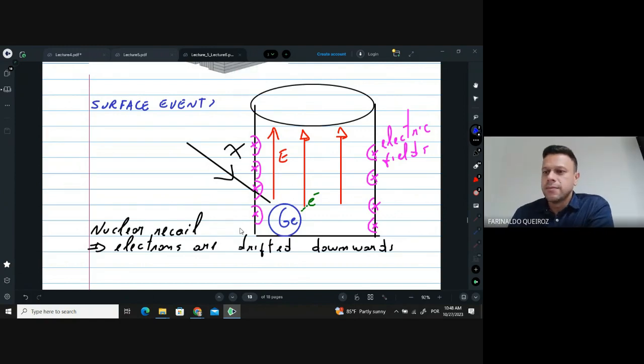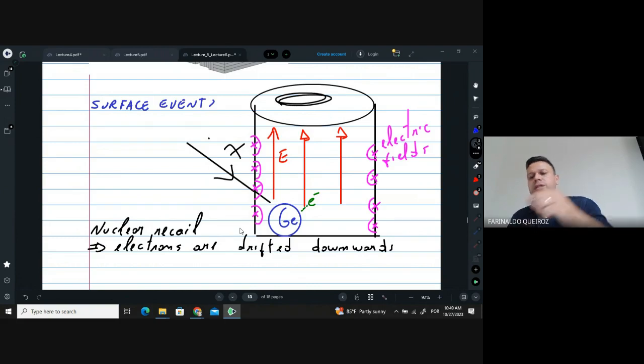So as I said, a dark matter particle comes in, the one in black, hits a germanium, strips off an electron, I'm assuming it had enough energy, and the electron, if the electric field is pointing upwards, goes downwards, or vice versa. Okay, fine. And then, as I said, there's a semiconductor here, and when the electron gets there, it goes to the conduction band, produces a current, and measures the current, then I can infer the energy of the incoming particle in the first place, okay?